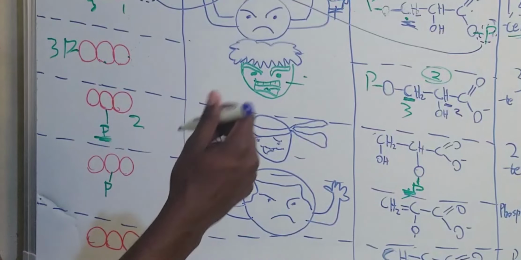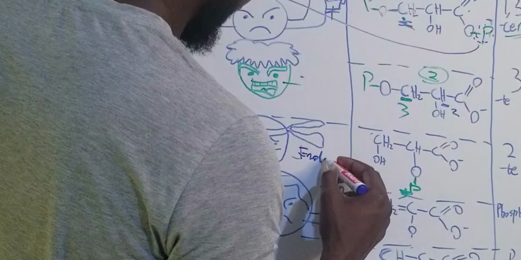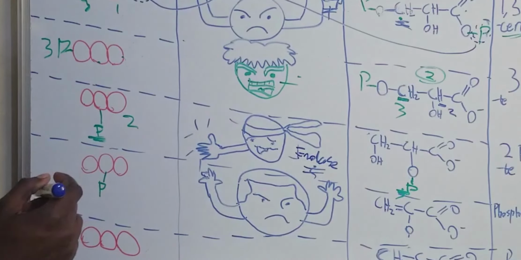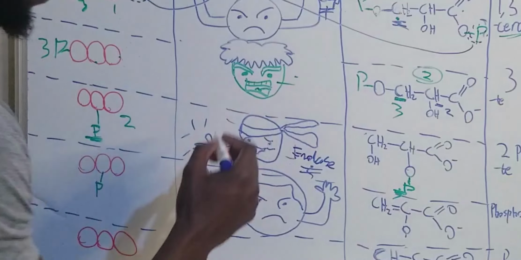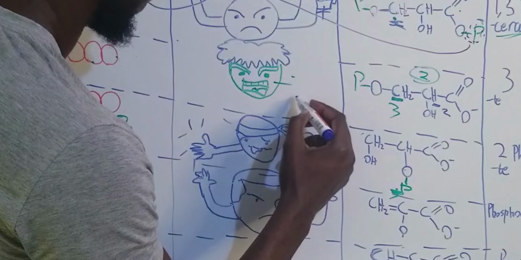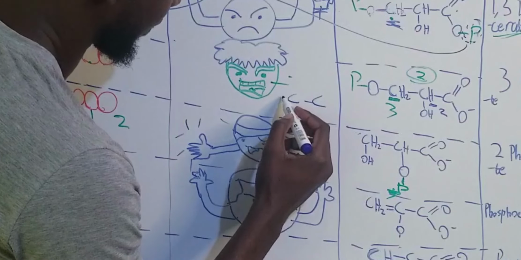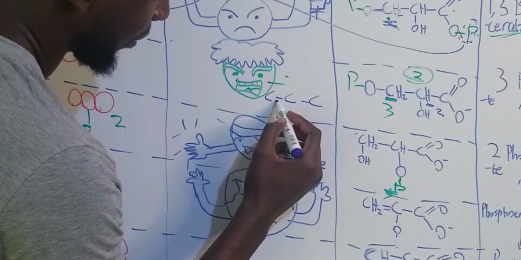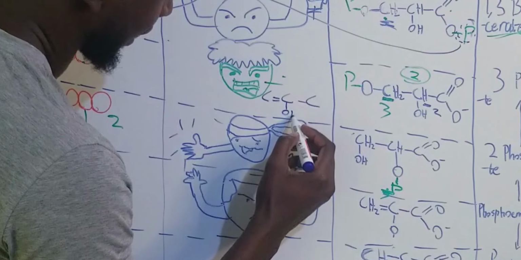This guy is known as enolase. And an important part to remember is that from your organic chemistry, if you can remember accurately, an enol is defined as, when you have 3 carbon structures like this, a double bond between the 2 carbons and the presence of an OH, which is an alcohol group.